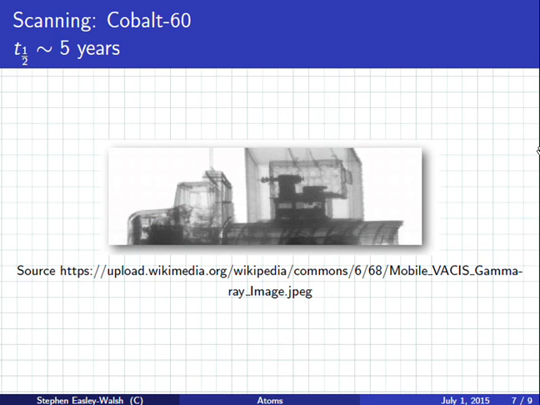Right. Now this example maybe you see at the airport. We can use gamma radiation from cobalt 60 to look inside of cars and suitcases. Like here, for example, this truck we can see has some guns inside of it. Can you see that?